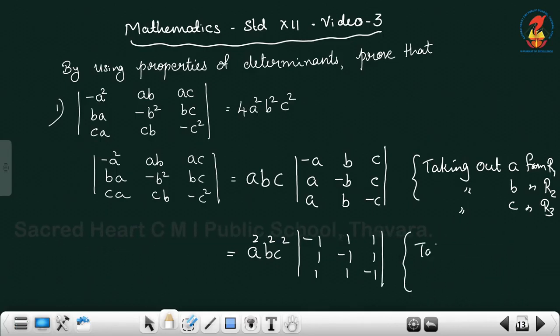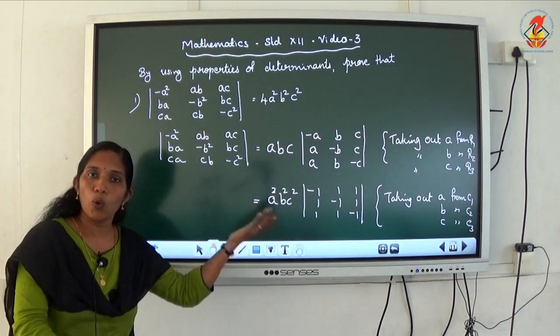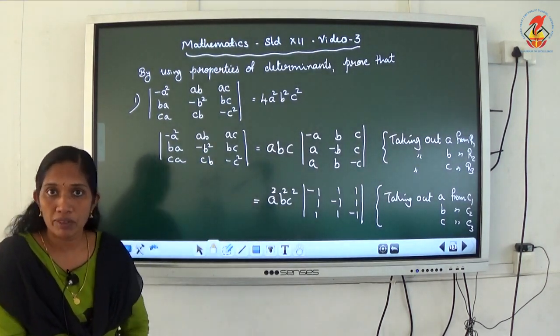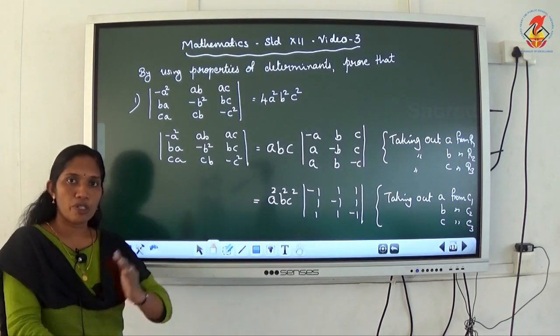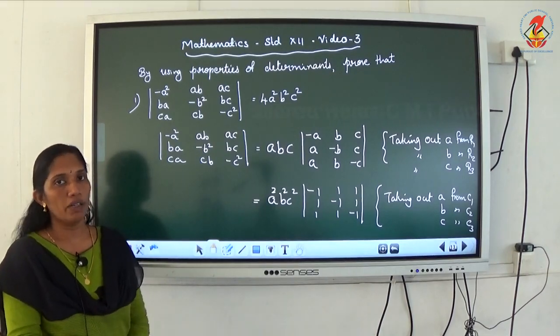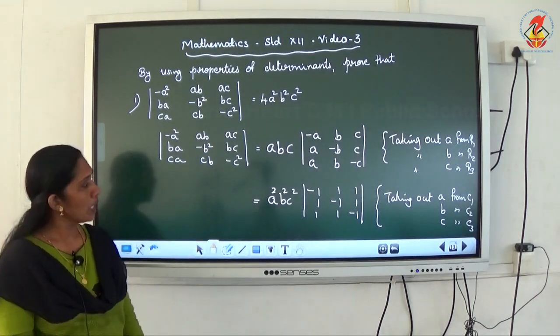So here we take a from C1, b from C2, c from C3. For determinants we can use row and column operations simultaneously, but for elementary operations in chapter 3, matrices, if we use row, then we have to do all using row, otherwise column. We can't mix, but here we can.